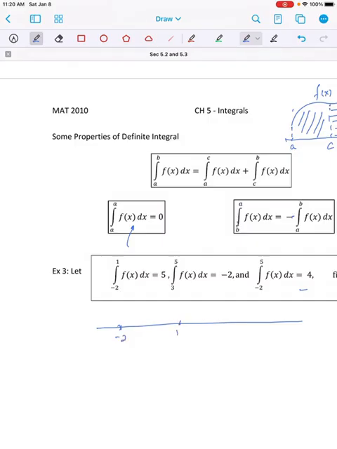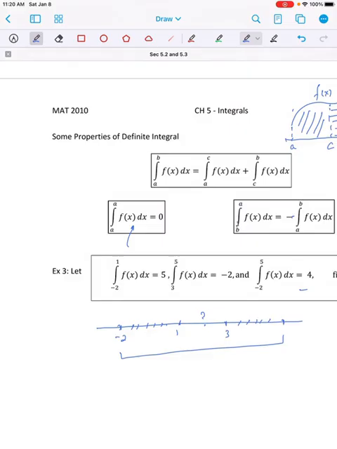then we have from 3, so we have this value, and from 3 to 5 we have this value. Also we know the value of the total, so what is missing is this one, and that's what the question is asking.